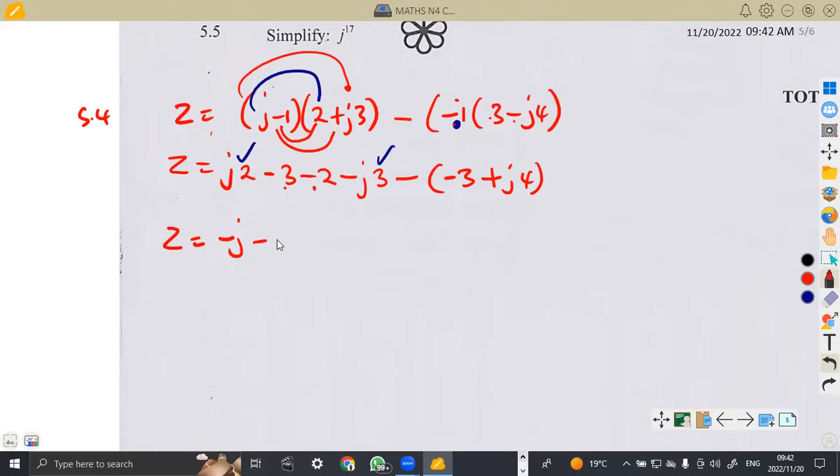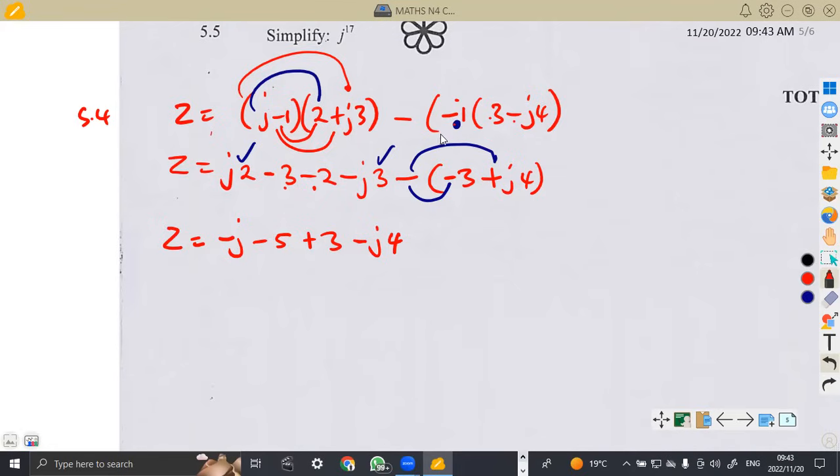-3 and -2, that's -5. Expand the brackets here now by this negative. So it's negative times 3, which is +3. Then negative times negative J4, which is plus J4.